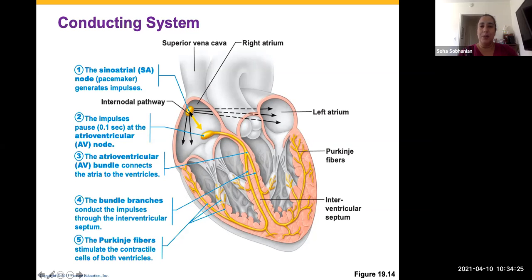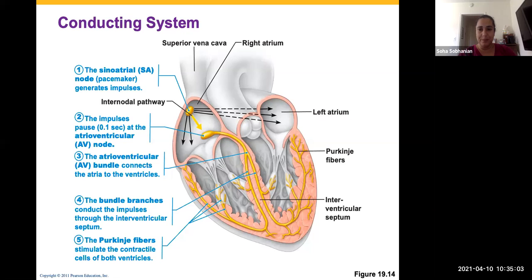Now, the SA node passes its electrical conduction from the top of the heart to the next structure right here called the AV node. AV, as we learned before, stands for atrioventricular node. So you have the SA node followed by the AV node. The AV node goes down into your septum, the interventricular septum, as this big branch right here called the AV bundle.